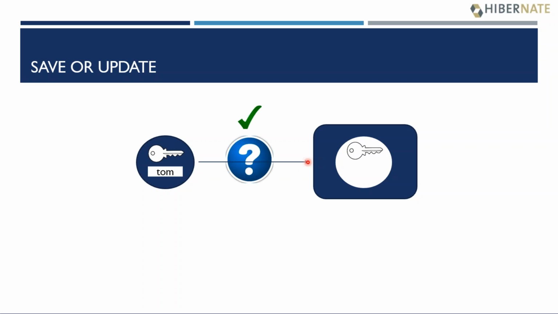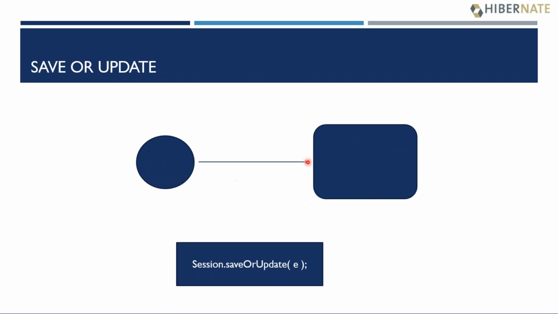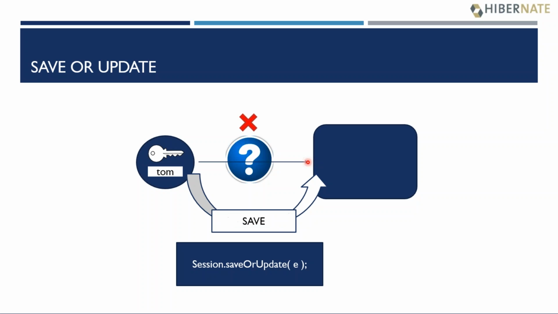Yes, the object is already there. In this case, it will update the object. It will call the update method. If it is not there, it will create the primary key and then associate the object with the persistence context by invoking the save method.